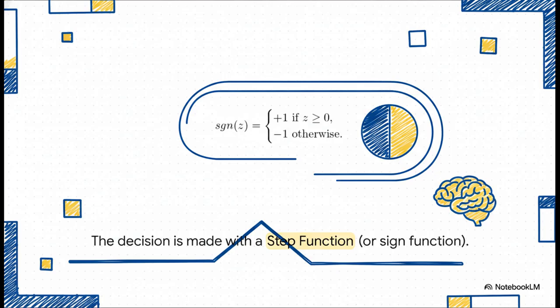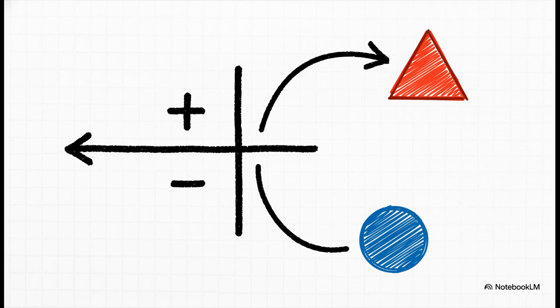After adding everything up, the perceptron uses a really simple function, like this one here. It's called a step function, to make its final choice. And the rule is incredibly simple. If that final score is a positive number, it shouts Group A. Maybe that's the red triangles. If the score is negative, it shouts Group B, the blue dots. It's just a simple yes or no, one or the other.